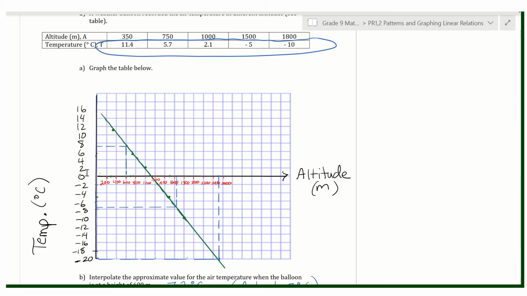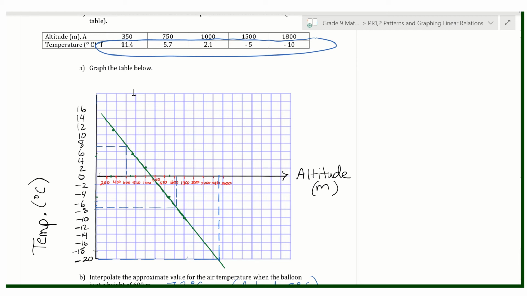With temperature, notice I only went to -10. The table only goes to -10 on the negative side and 11 on the positive, but I look at my numbers here, I went beyond. So I chose to go up by 2. So 2, 4, 6, 8, 10, 12, 14, 16, and then I went down to get to minus 20.